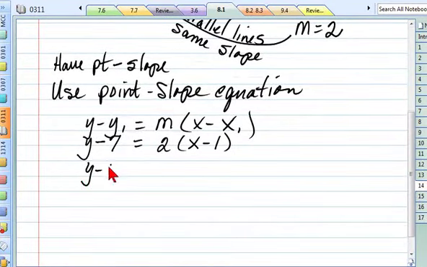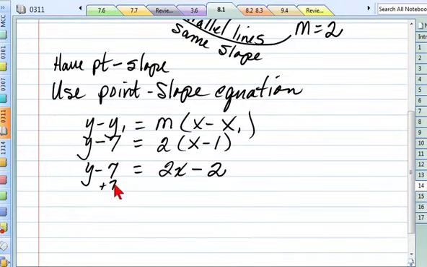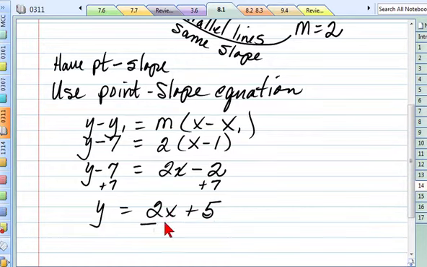So it is y minus 7 is equal to, distributive property, 2x minus 2. My last step is to add 7. And I get y is equal to 2x plus 5. And that is my equation.